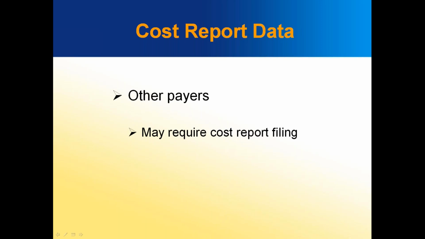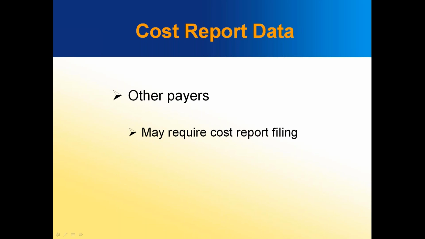We've only been talking about the Medicare cost report for home health. There might be other payers out there, like state Medicaid programs, that might require a cost report. We recommend that you always comply with whatever your payer sources' requirements are.